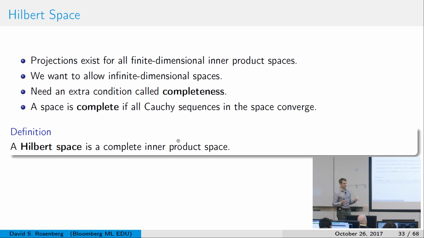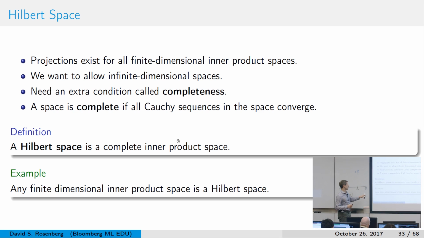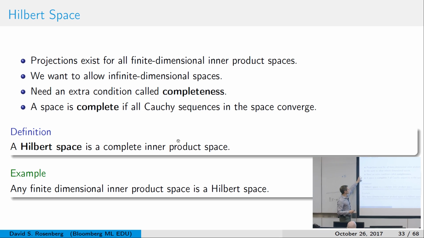Anytime you see a Hilbert space, you can replace that in your head with R^d and the standard inner product, and all the intuition goes through. Precisely because we have this condition of completeness, which gives us the existence of projections and stuff like that. Any finite dimensional inner product space is a Hilbert space.